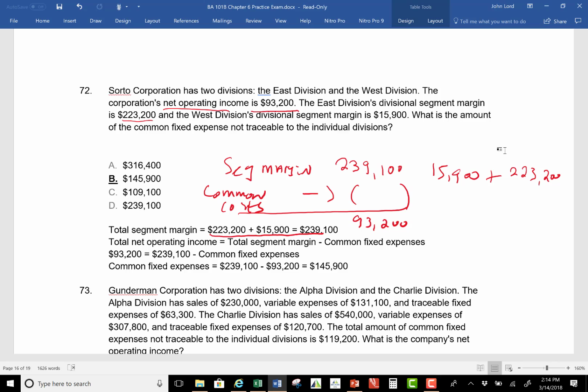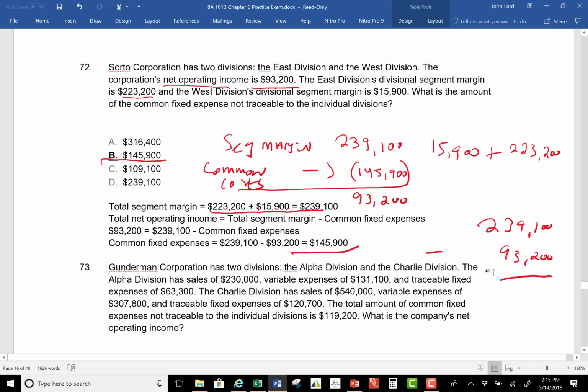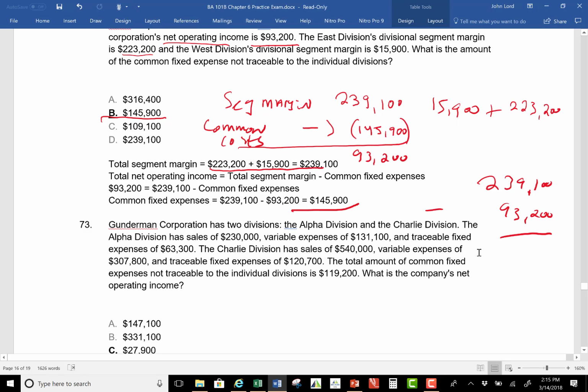If you do the math, 239,100 minus 93,200 is 145,900. So we subtracted 145,900 from the overall company segment margin, the sum of the two segment margins, and that's how you came up with the operating income for the company overall. Okay, good. Let's take a look at this.